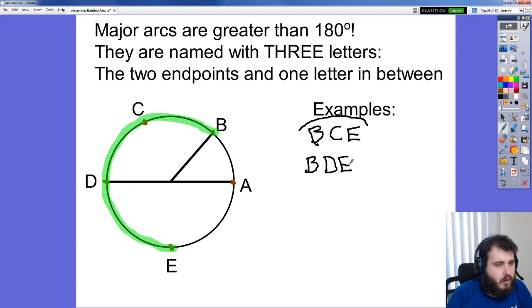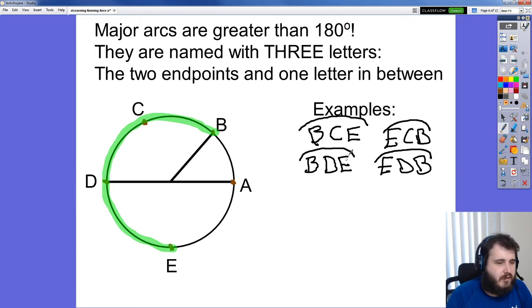Just another letter that is in between B and E on this arc that we have. And again, just like the angles we were talking about before, I can flip the B and the E. I can call this E, C, B. These are all the same way of saying the same thing. E, D, B.